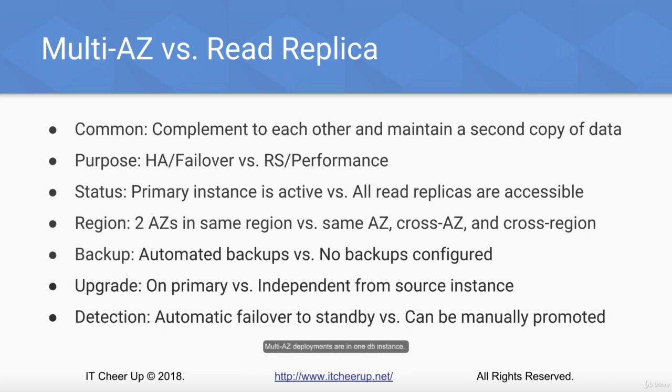Multi-AZ deployments are in 1 DB instance, so database engine version upgrades happen on the primary. Read replicas are in separate DB instances, so database engine version upgrade is independent from the source instance.